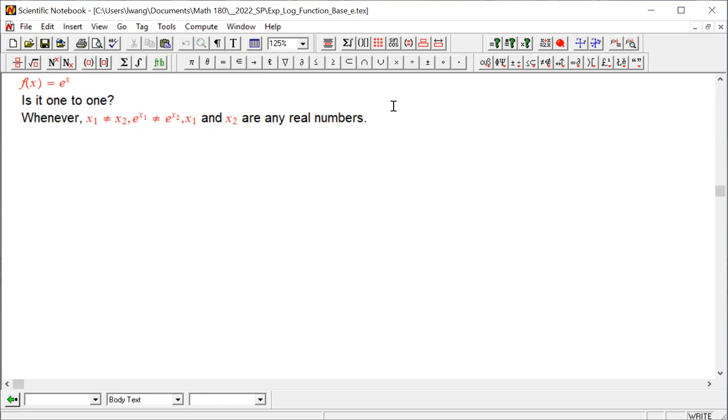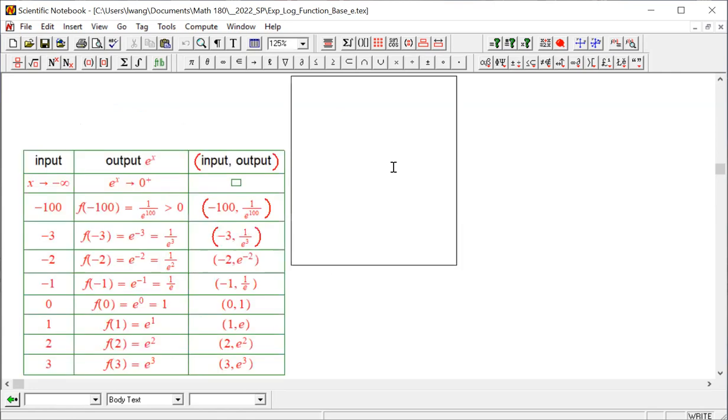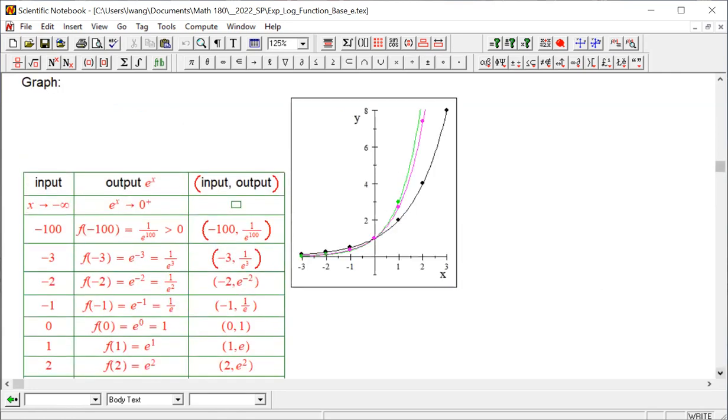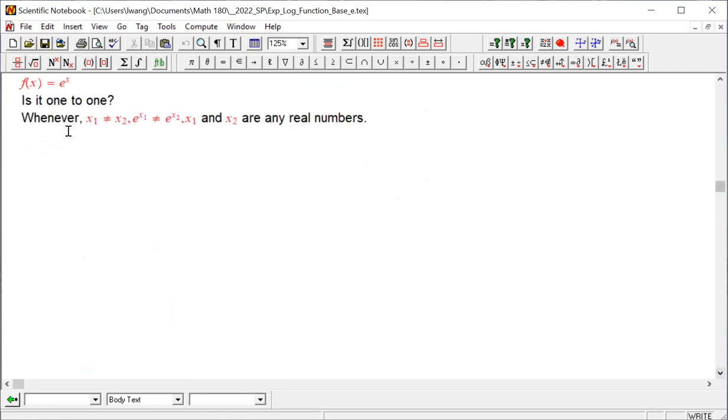What is more, it looks like it's increasing, isn't it? Purple, right? Let's look at it. Well, for one-to-one we can do the horizontal line test, all of that stuff.